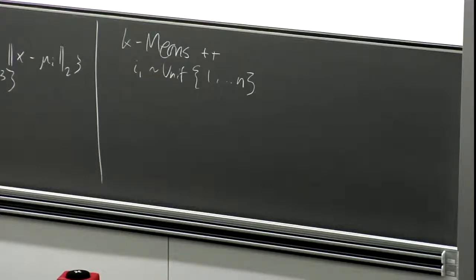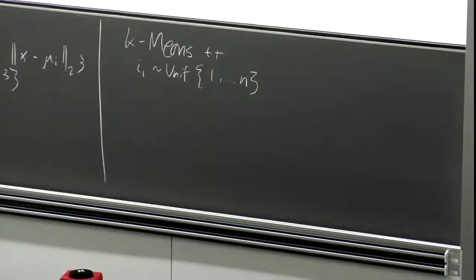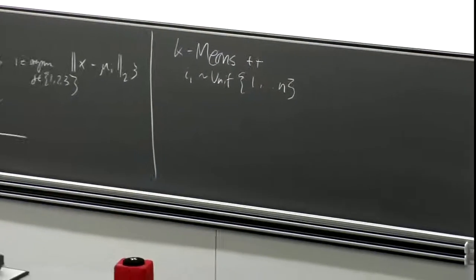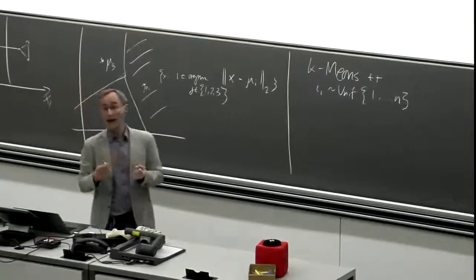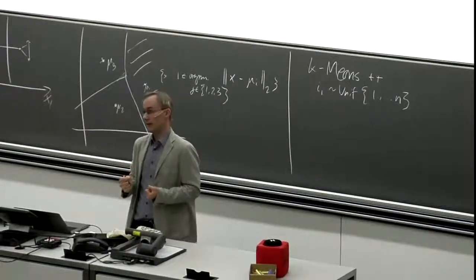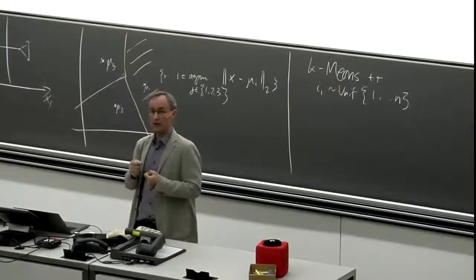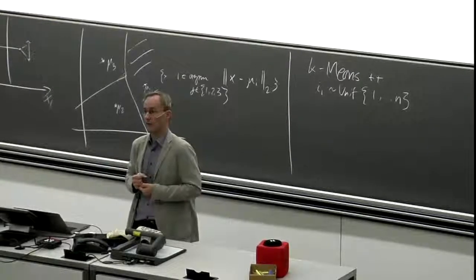So now what you want to do is you somehow want to balance sampling from clusters that are well represented, where there's a bunch of points, but also that are far away from what you have. And that's what k-means++ solves, okay? And the idea is basically that we're going to randomly sample, but not uniformly, but non-uniformly, according to the distance to all the points you have so far.